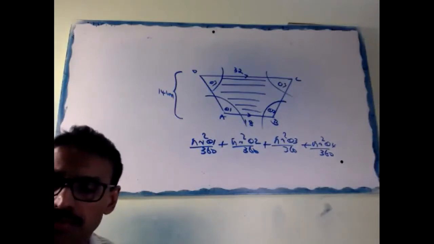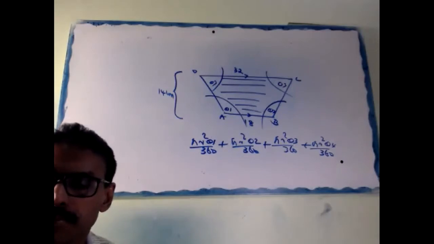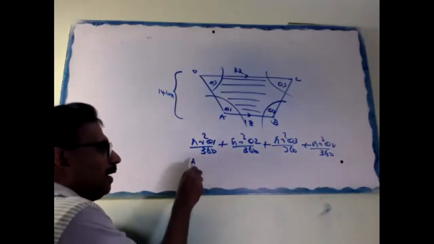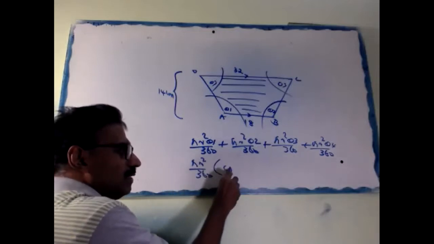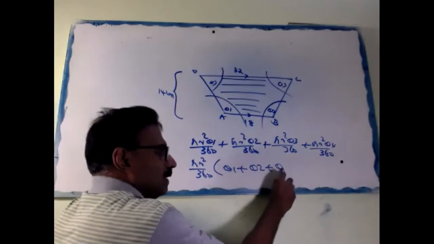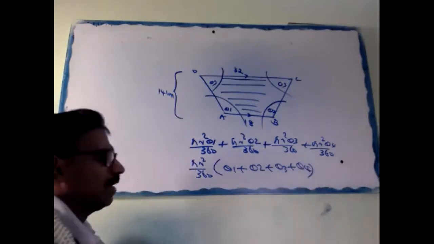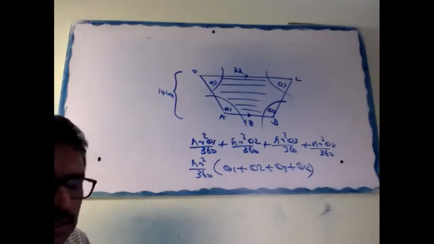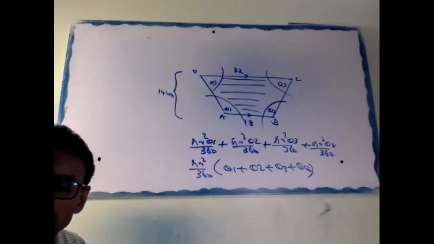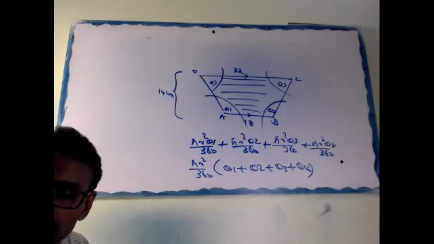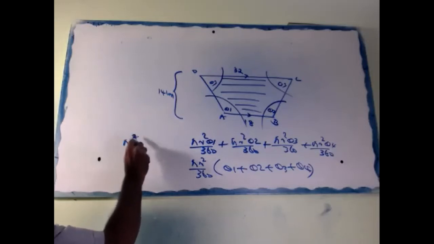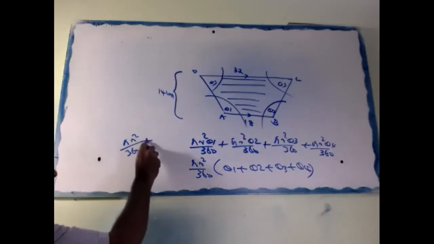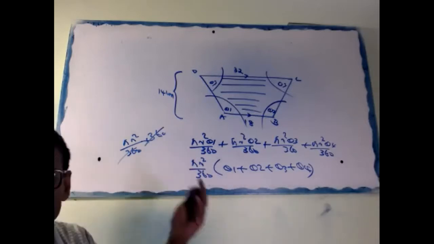Plan understood or not? Okay. Now take common pi r square by 360 outside: theta 1 plus theta 2 plus theta 3 plus theta 4. How much is that? It is 360, correct? So pi r square by 360 into 360. So cancel, answer what? Pi r square.